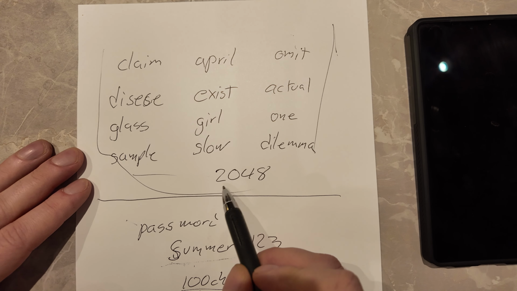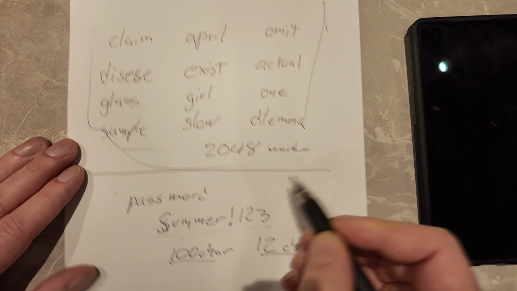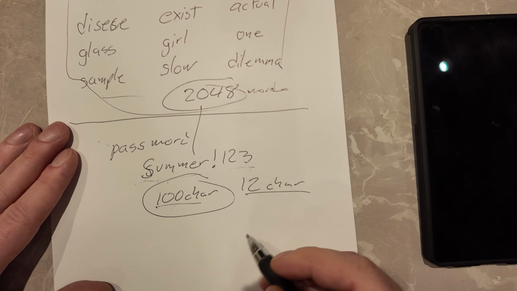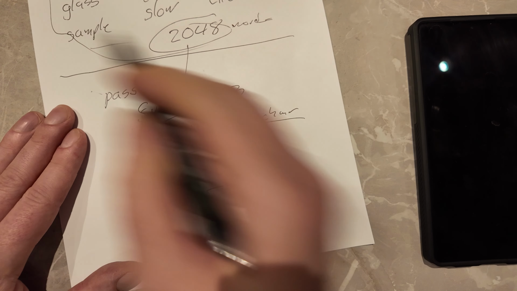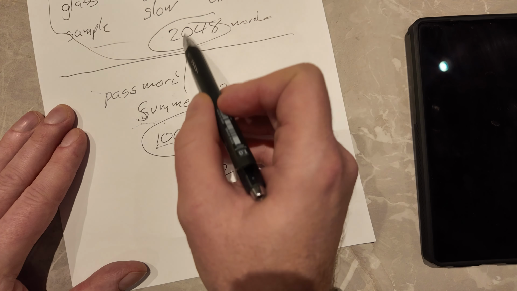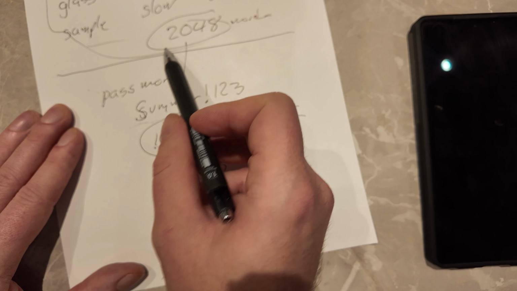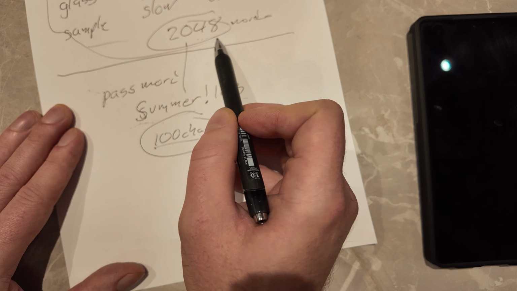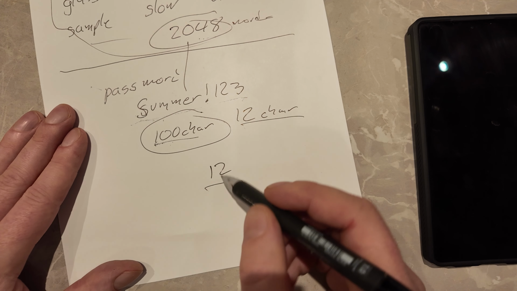So 2048 words compared to 100 characters, and 12 different positions, and you can do the math yourself. I'm not smart enough to do this, but you can see that the possibilities with 2048 words are a lot more than 100 different characters in 12 places.